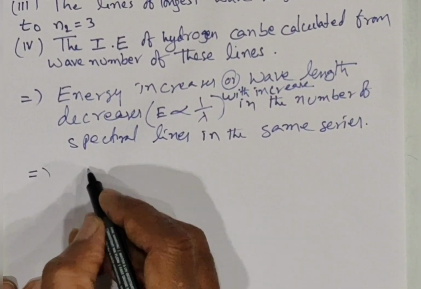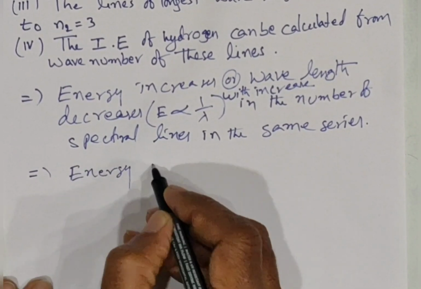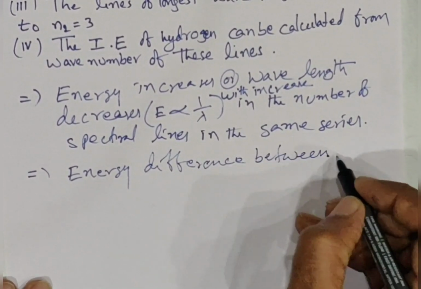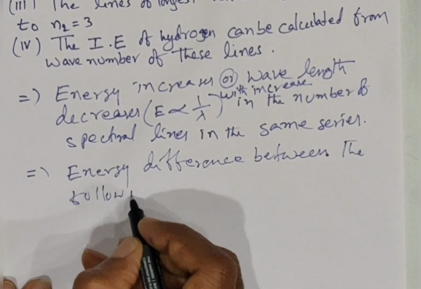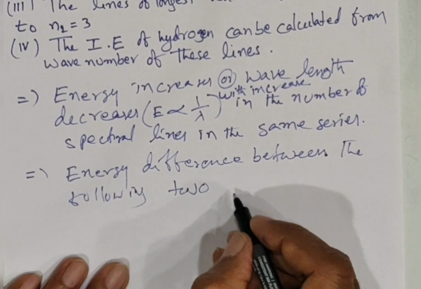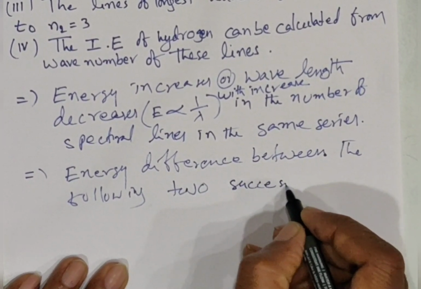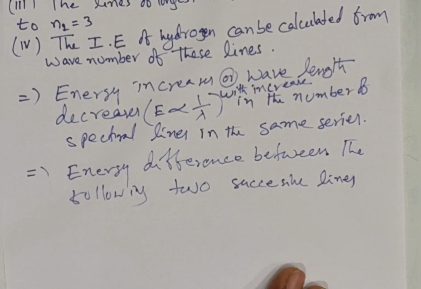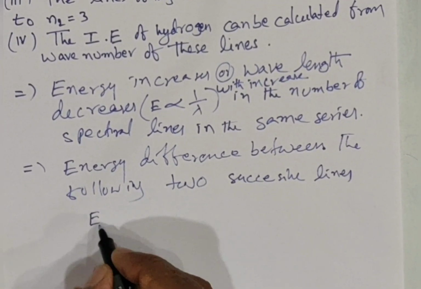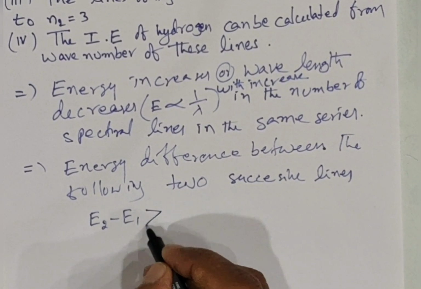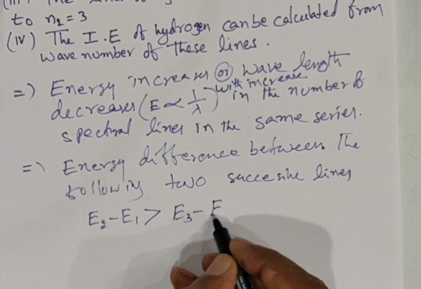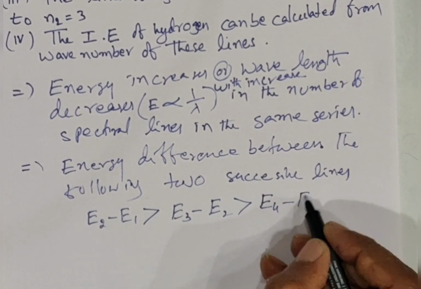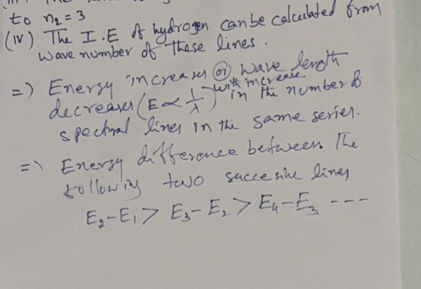Next, another important one is the energy difference. The energy difference between the following two successive spectral lines, or two consecutive spectral lines, is in the order E2 minus E1 greater than E3 minus E2 greater than E4 minus E3, like that, right?